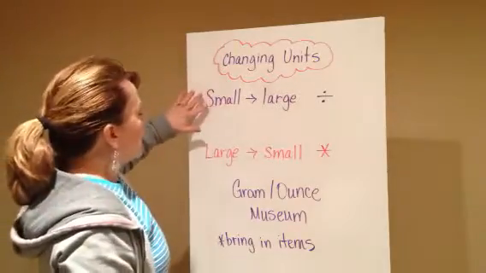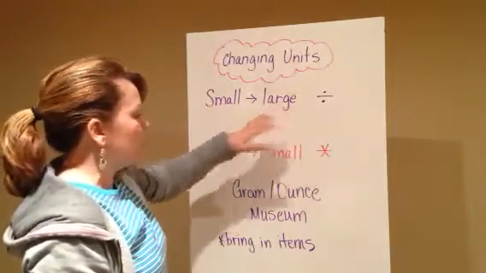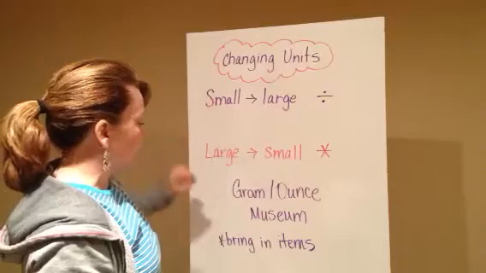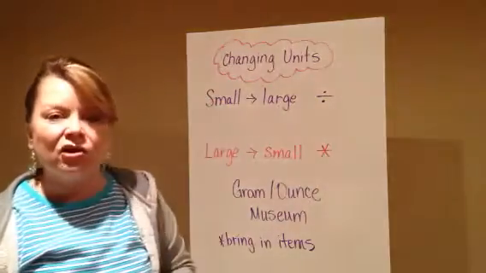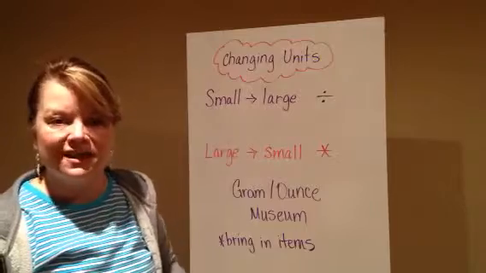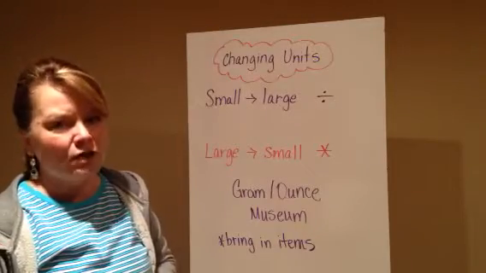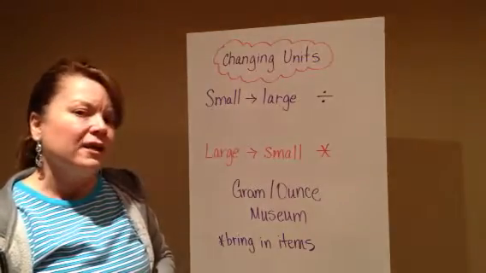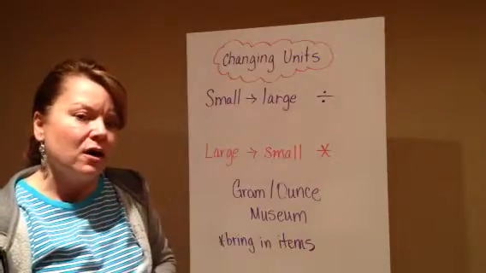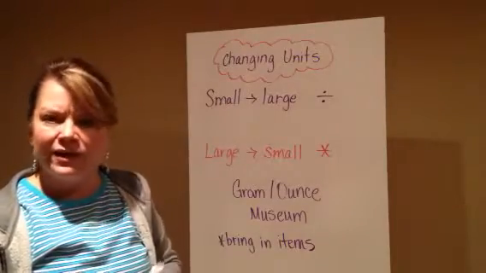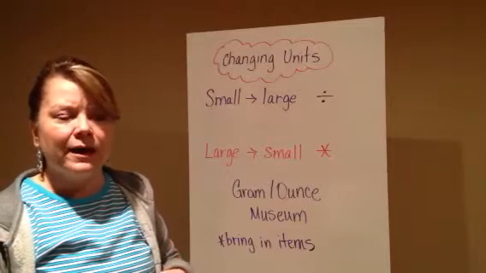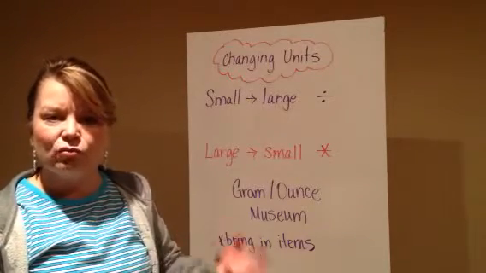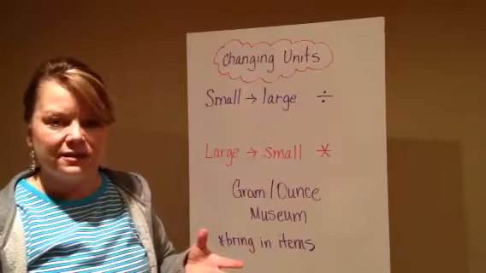This is just a reminder of what I need to do when I'm changing units. I'm going to jump back up here in a second, but what I would like for you to do is we're going to create a gram and ounce museum. So I'd like for you to find some objects that you could bring in from home, and it doesn't have to be a lot of things. Don't bring anything of value, but bring in some things that you think might be measured in grams or ounces.